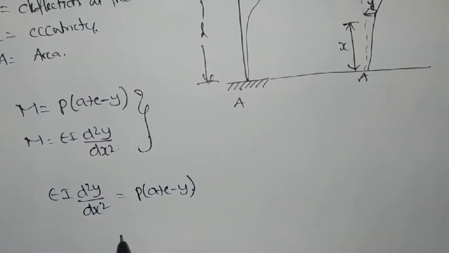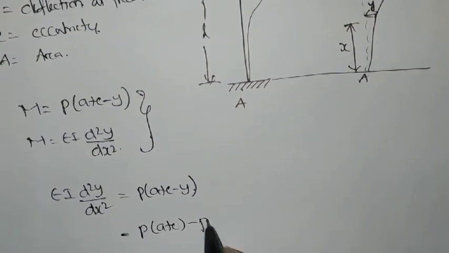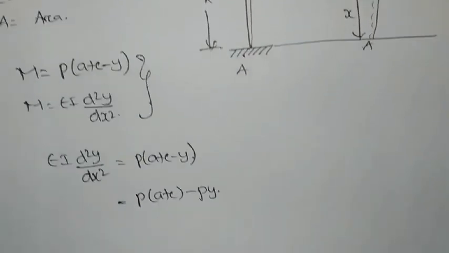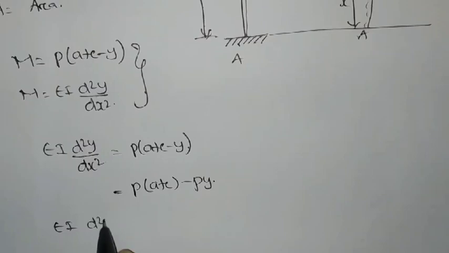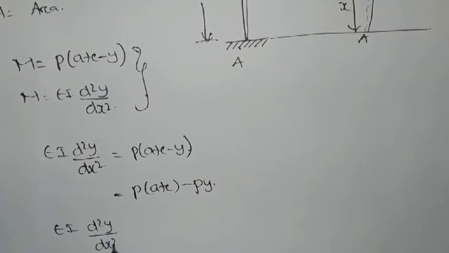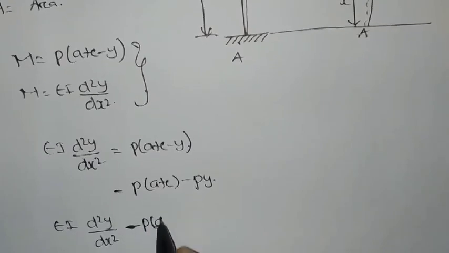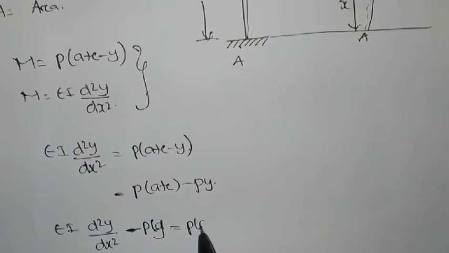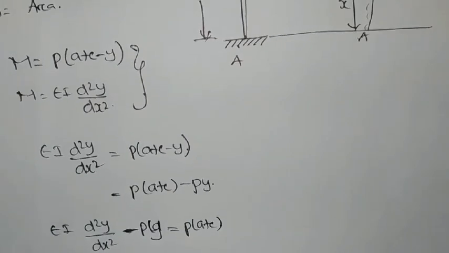Next, this equation can be written as P(a plus e) minus Py. If I transfer Py to this side, the equation becomes EI d squared y by dx squared plus Py equals P(a plus e). Now we divide both sides by EI.